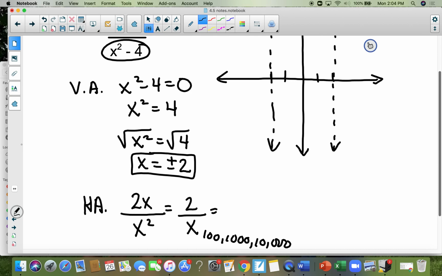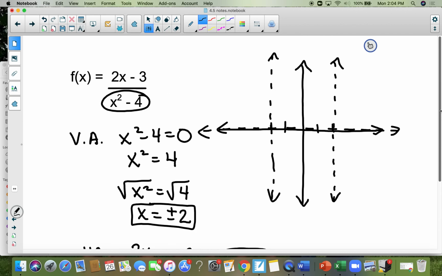What's 2 divided by 10,000? It's going to get closer and closer to 0. So you have another one right here at 0. And then when you put it into your Desmos, you're going to have one getting closer and closer to this vertical asymptote and this horizontal asymptote, and to that vertical asymptote. Final answer.